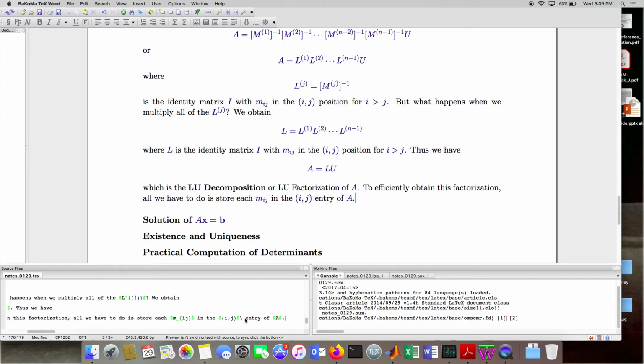Because what we're doing is we're wiping out all these entries that are below the diagonal. We're creating empty space. So in that space, let's just stuff a multiplier.